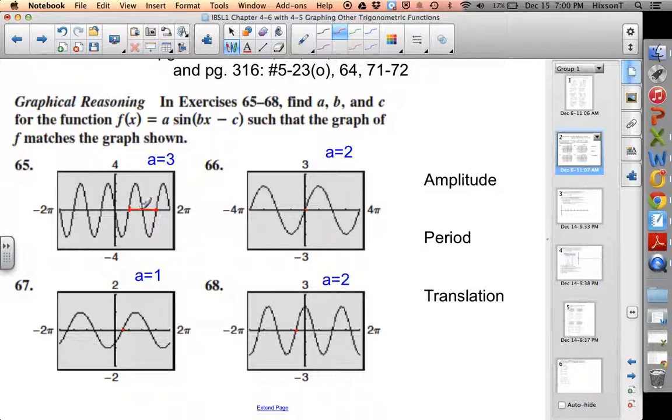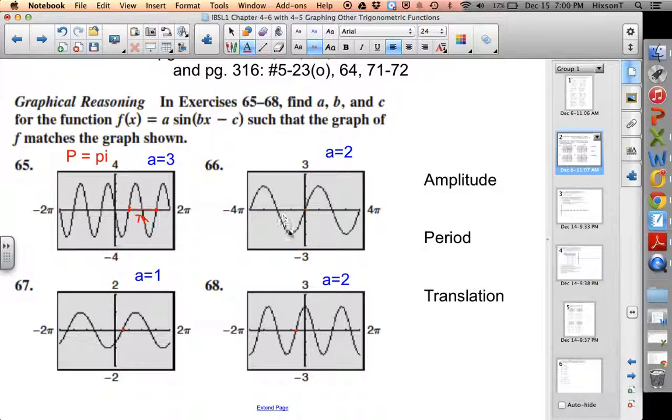So from pi over 2 to 3 pi over 2 is a distance of pi. So we have pi there for the period. And I'll just type that since that isn't turning out real well. So your period equals pi.